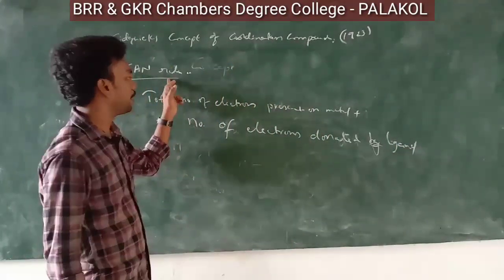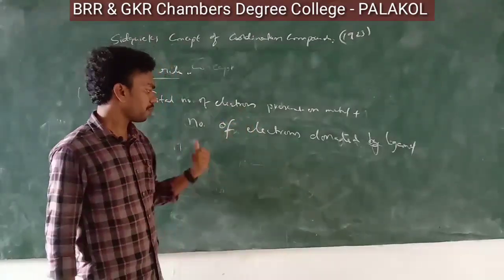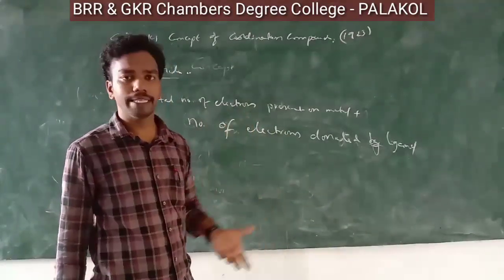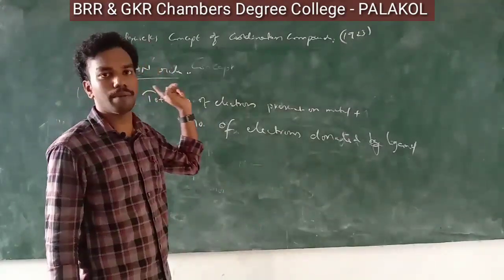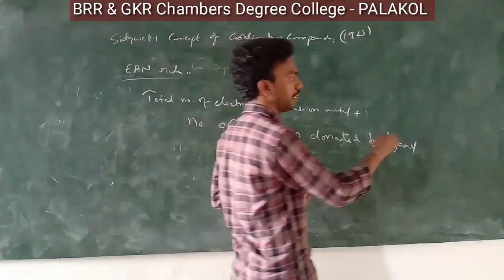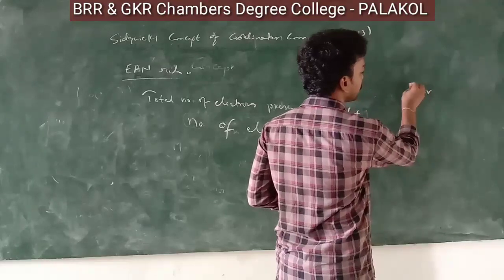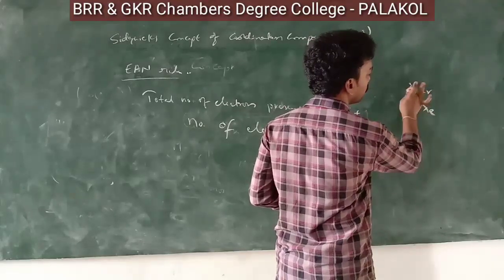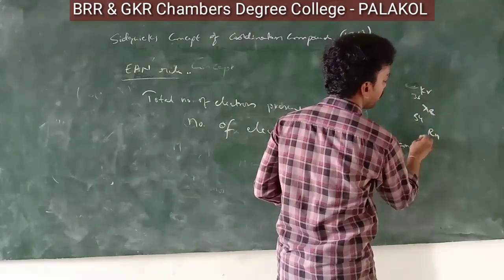So what is the effective atomic number? It is the total number of electrons on the metal plus the number of electrons donated by the ligands. This sum, the EAN, should be equal to the nearest inert gas configuration, for example krypton 36, xenon 54, radon 86.